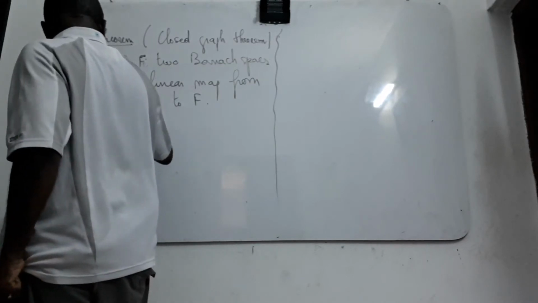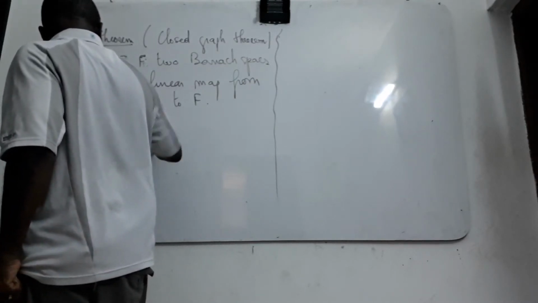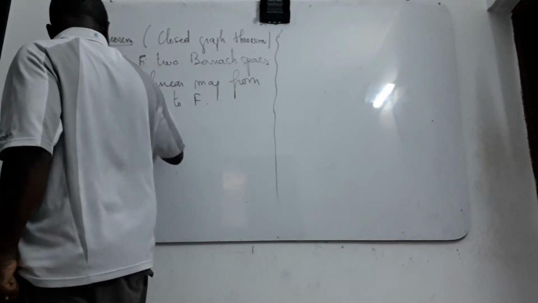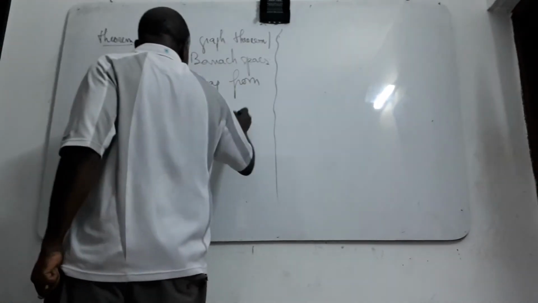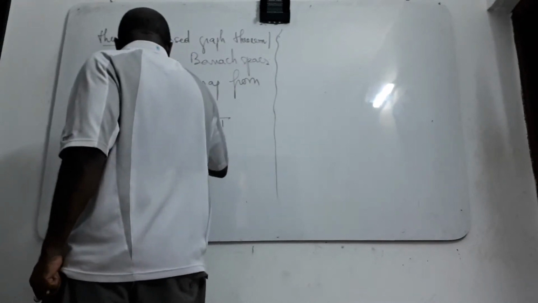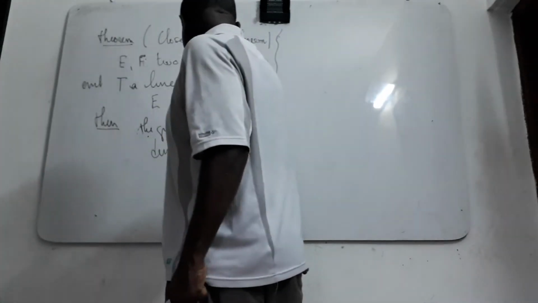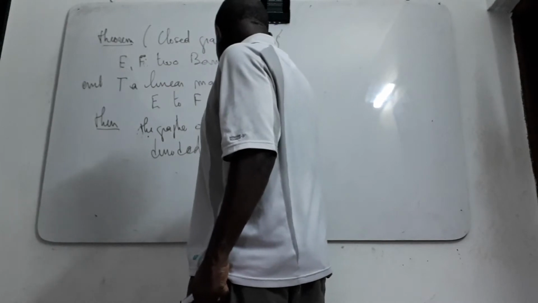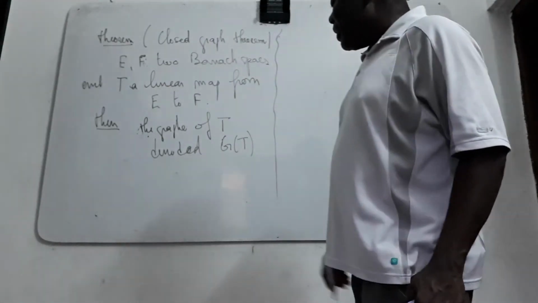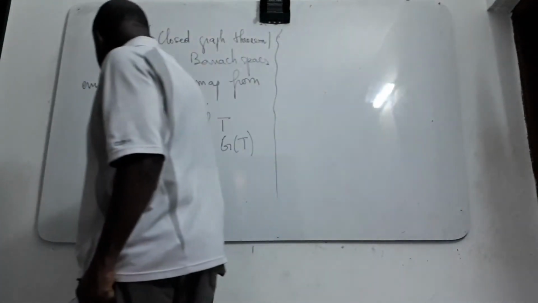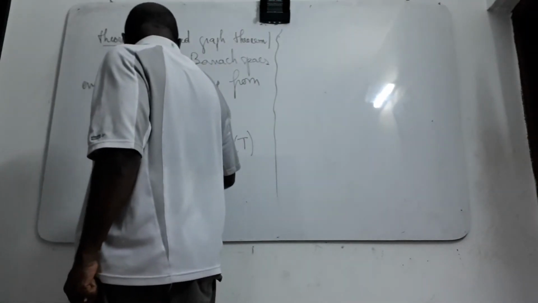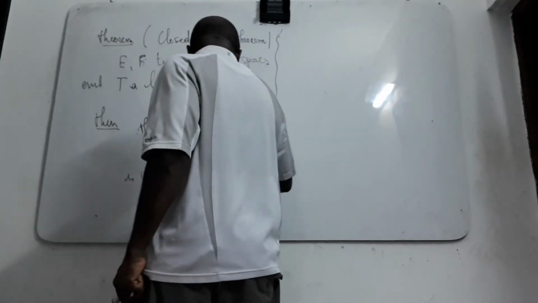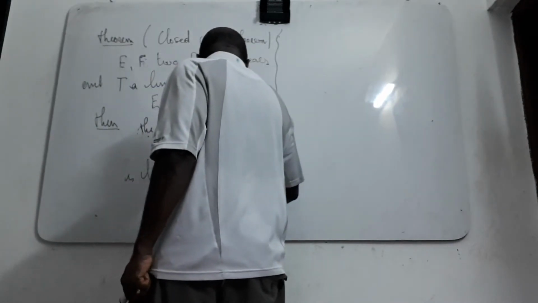The theorem says that when the graph of T, denoted by the graph of T like this, is closed, then T is continuous.